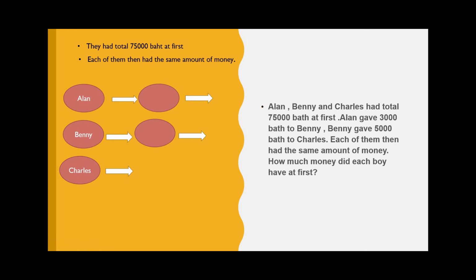Because each boy has the same amount of money, we will divide 75,000 by 3 to find out how much money each boy has. The answer is 25,000 baht each boy had in the end.